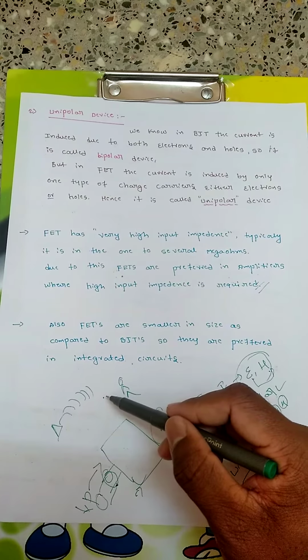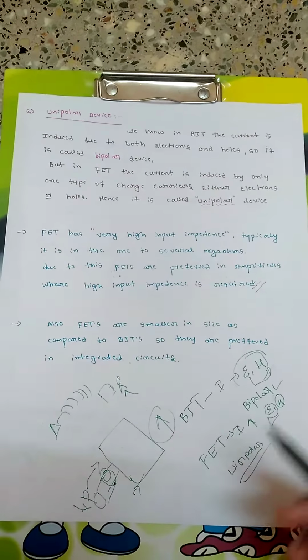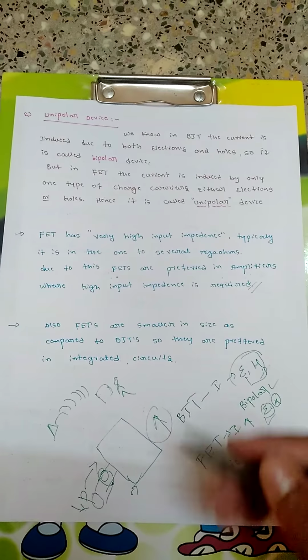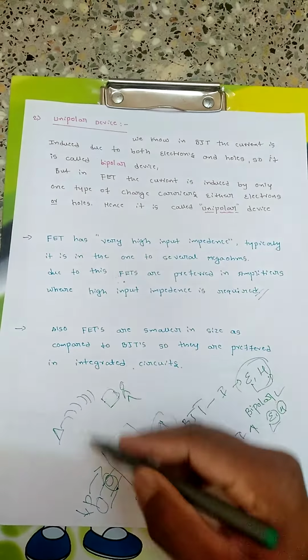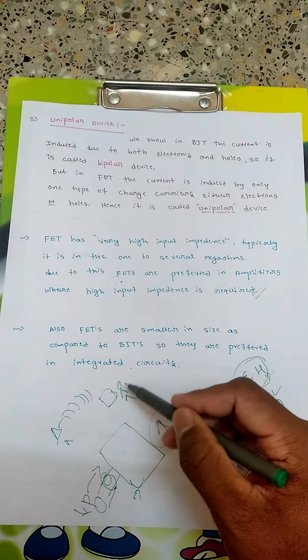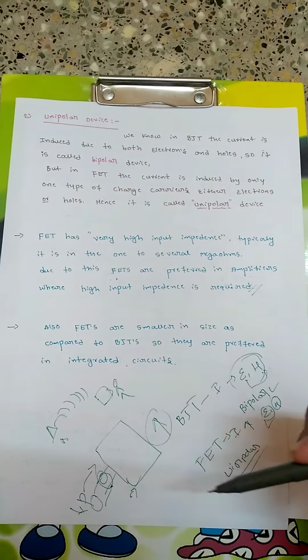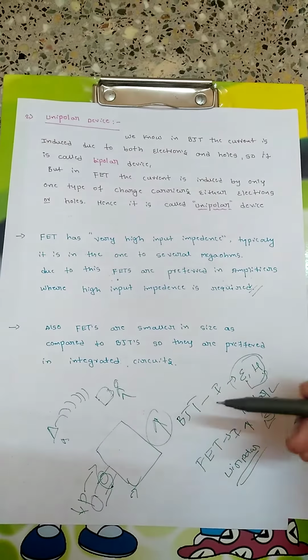So in our receiver it is amplified with the help of BJTs and FETs, so that whatever information is transmitted at the transmitter side will be clearly received at the receiving end. So that's a typical example of amplification.